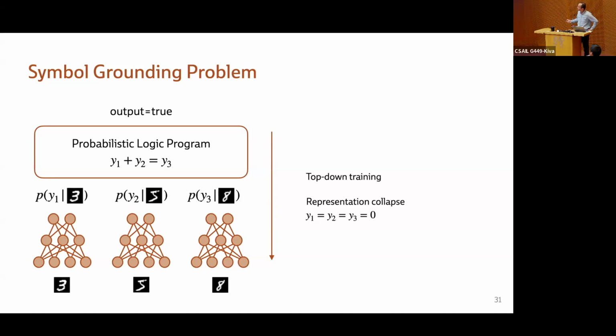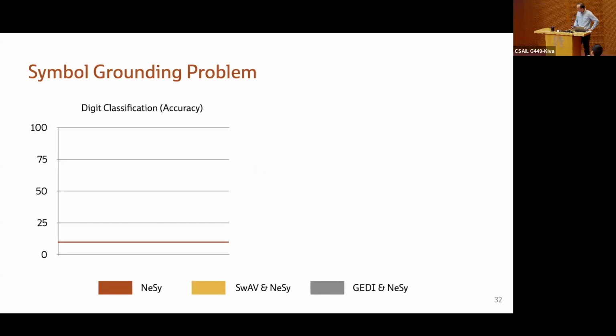And so now that we are mentioning the representation collapse, we can think of using JEDI, the method that I was proposing before, to tackle this issue. And so here what you can see is that we perform some analysis of the performance in predicting the digits. And so we compare the neurosymbolic approach, which uses the neural network and the underlying program.